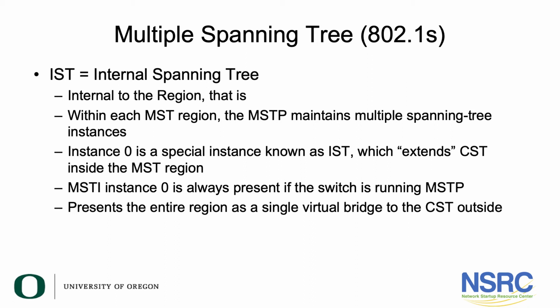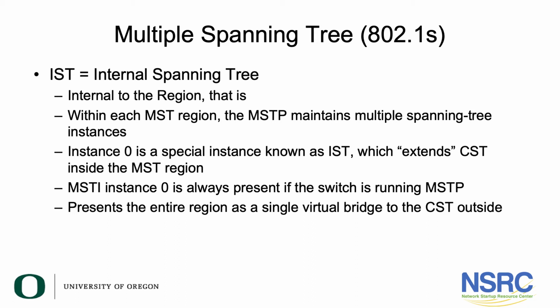Inside instance 0, MSTI instance 0, you will see the links which are inside the region, and then you will also see the links which exist inside the common spanning tree outside the region. So the switches within a region will see that topology inside instance 0.